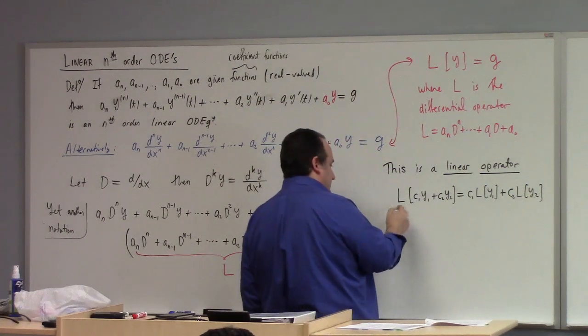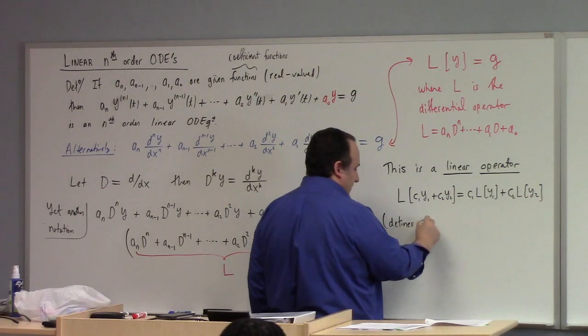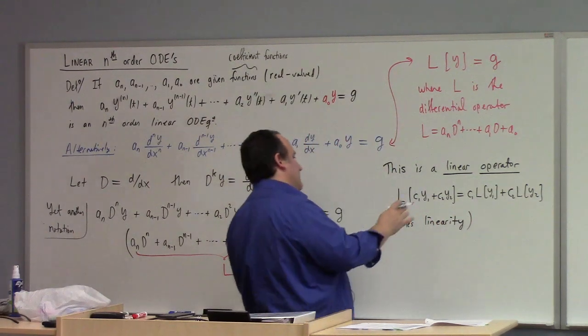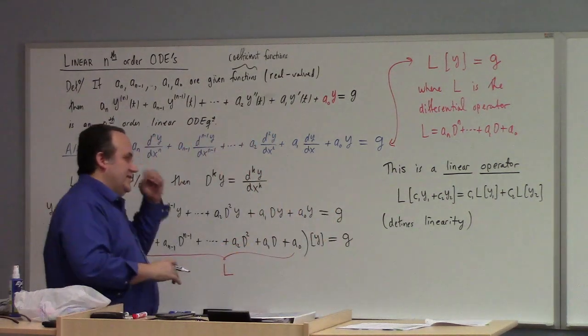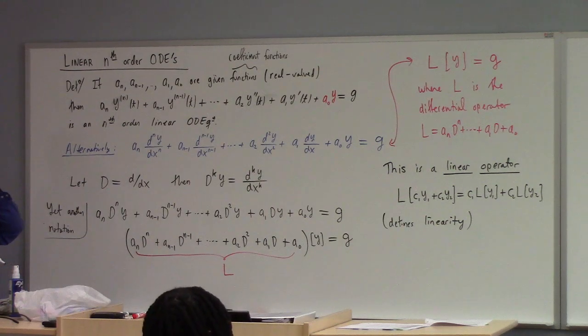This defines linearity. Now, I should be more careful here. I was about to worry myself that there's a g. See, if that g is non-zero, then... Well, I need to complete the thought here.